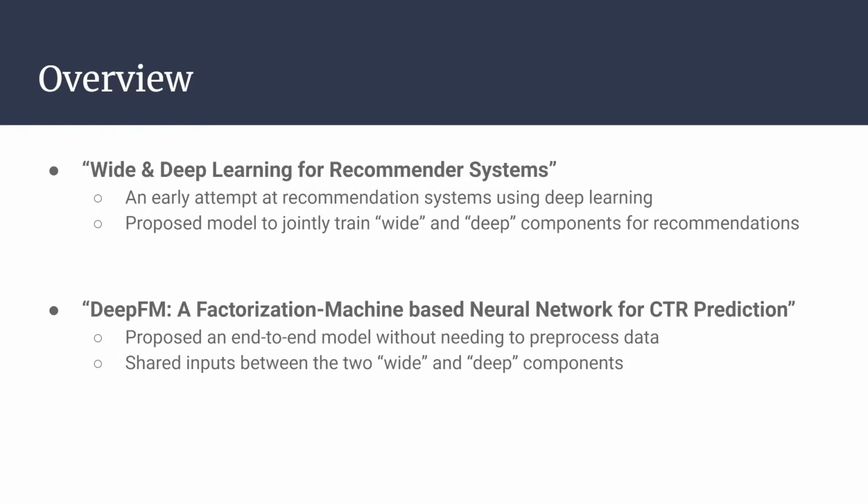The second paper is on a model called DeepFM, and the key contribution was giving an end-to-end model that doesn't need to have different inputs for the wide and deep components, which again, we'll go over the details later on. And this paper was written by some of the engineers at Huawei.